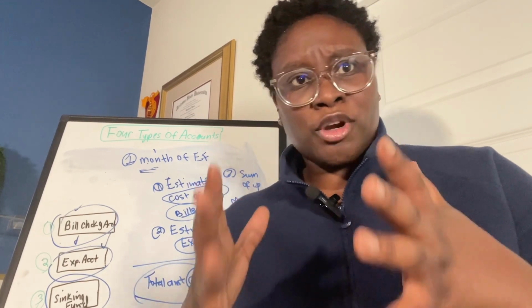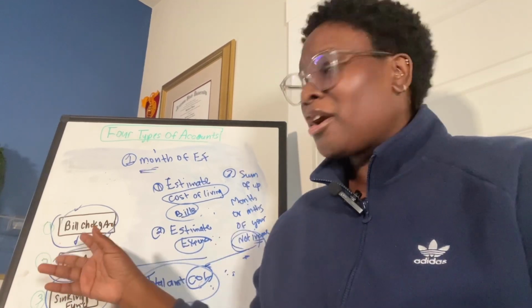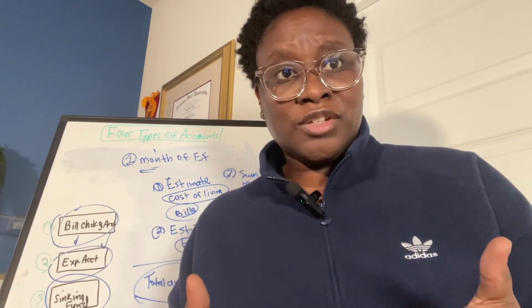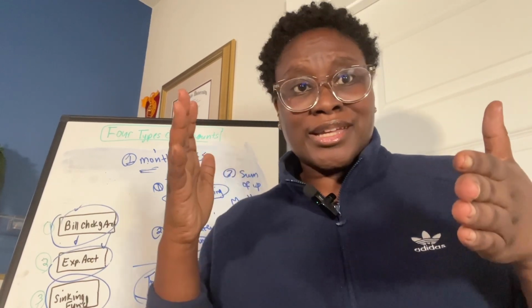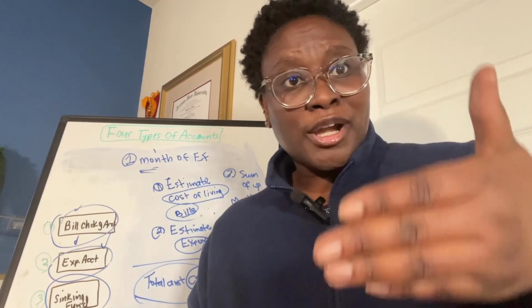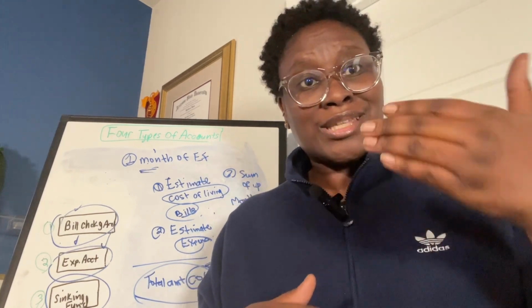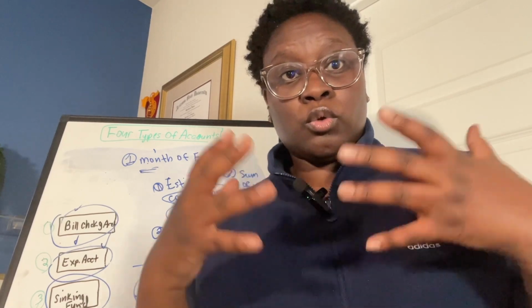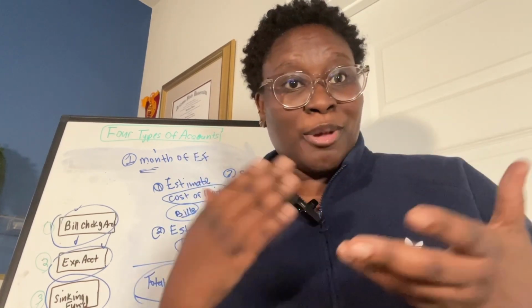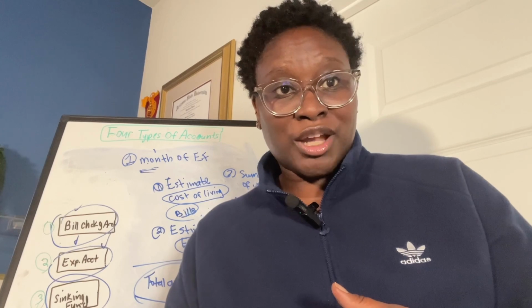Don't stress about an emergency fund and a sinking fund. Start off with whatever steps are easy for you and your money and your household. If you got the bills and the expense account mastered, then try to create one emergency fund or a sinking fund. Again, it's not about the amount or hard and fast rules. It's all about flexibility and what works for you and your lifestyle.